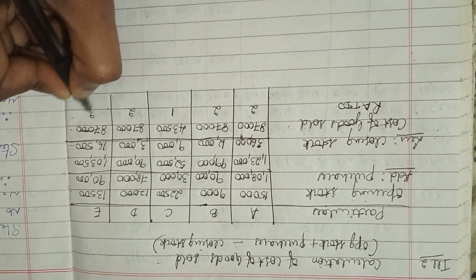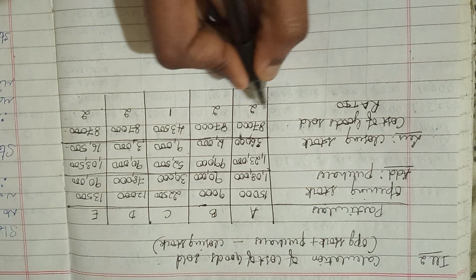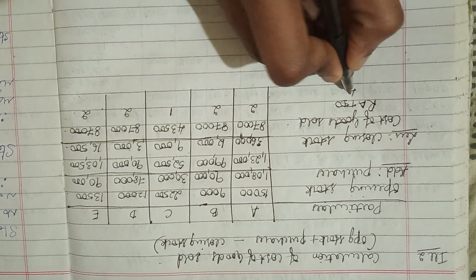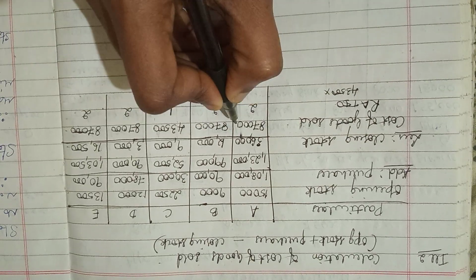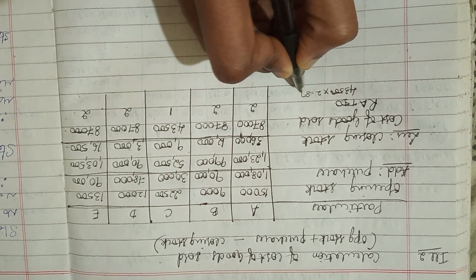Did you all understand how I got this ratio here? 43,500 into 1, and again into 2 is 87,000.